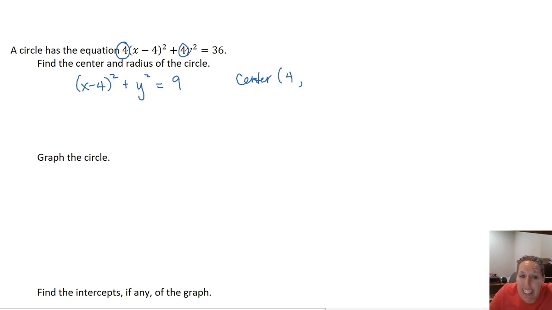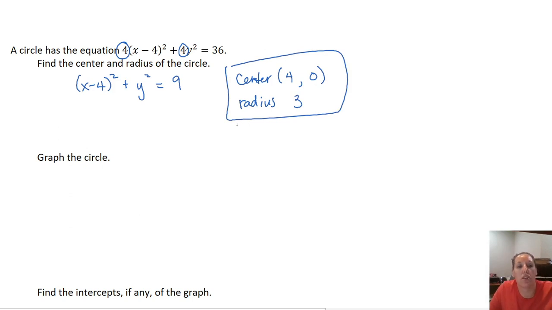And this one doesn't have anything on our y, so we're going to have y minus 0. So our center is going to be at the point 4, 0, and our radius is going to be the square root of the constant on the right. So the square root of 9 is 3. So our center is at the point 4, 0 with a radius of 3.